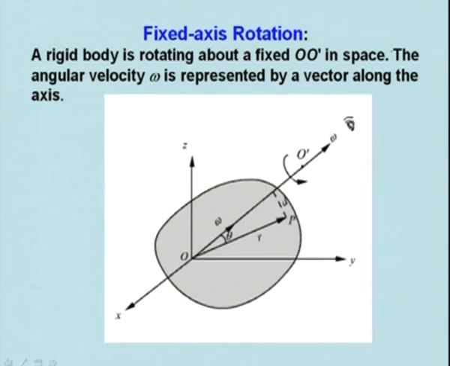If somebody is rotating and from the top you see the direction of rotation is counterclockwise, then the angular velocity vector will be towards you. If the body was rotating clockwise, then the angular velocity vector will be away from you, in the opposite direction.